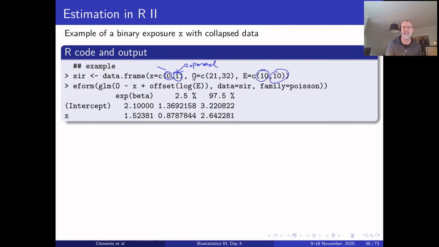In this case, it happens to be 10 and 10, but then the observed were 21 in the unexposed group and 32 in the exposed group.